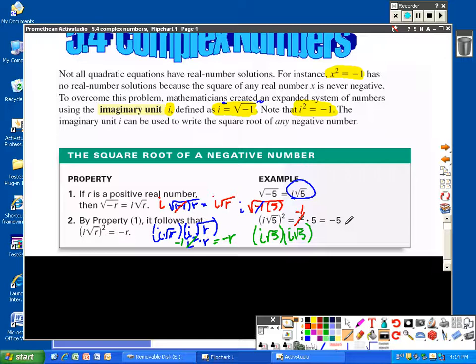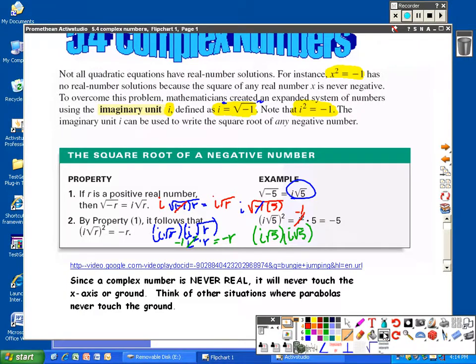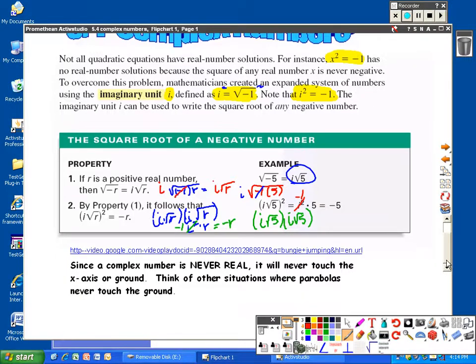Now, as I said before, electrical engineers always use the square root of -1, which is i. But can you think of any situations, since complex numbers are never real, they are imaginary, that means they will never touch the ground or the x-axis.